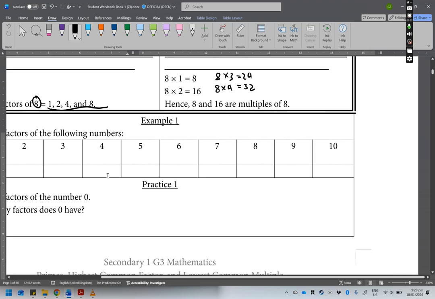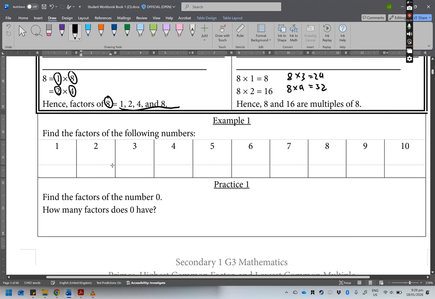Now we look at example 1 quickly. We find the factors of the following numbers. So 1 only has the factor 1, 2 has the factors 1 and 2 because 1 times 2 equals 2, 3 has 1 and 3, 4 has 1, 2, 4, 5 has 1, 5, 6 has 1, 2, 3, 6, 7 has 1, 7, 8 has 1, 2, 4, 8, 9 has 1, 3, 9, and 10 has 1, 2, 5, 10.